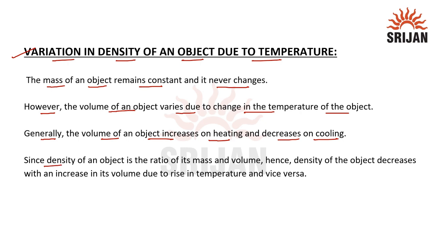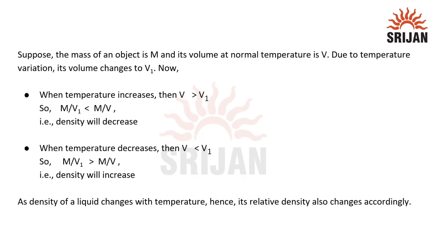Since the density of an object is ratio of mass and volume, hence density of object decreases with an increase in its volume due to rise in temperature and vice versa. Suppose mass of an object is m and its volume at normal temperature is V. Due to temperature variation, its volume changes to V1, which results in change in density.